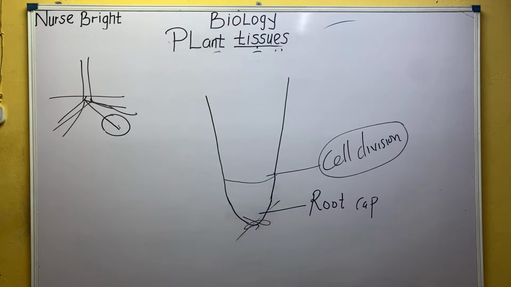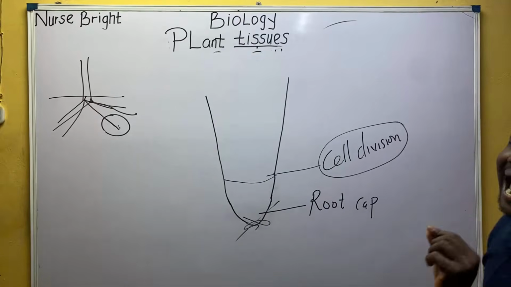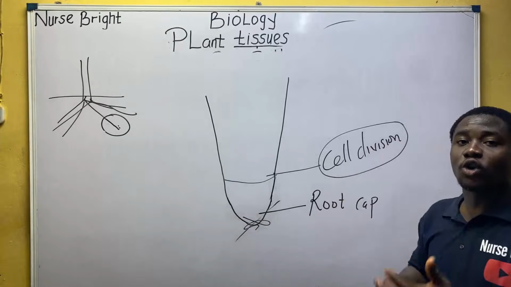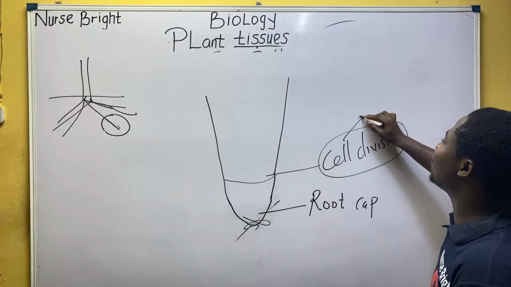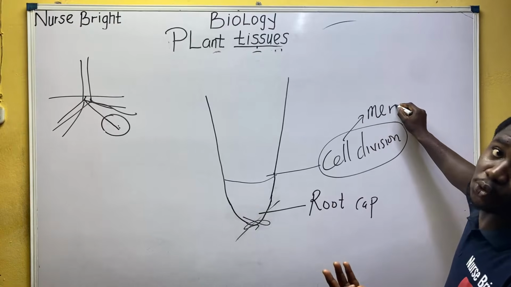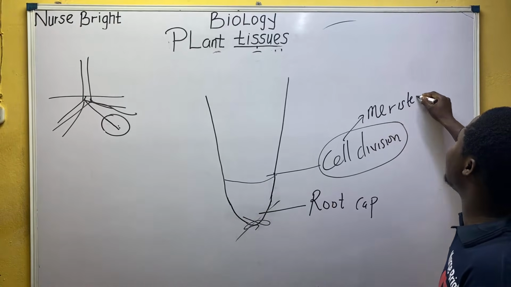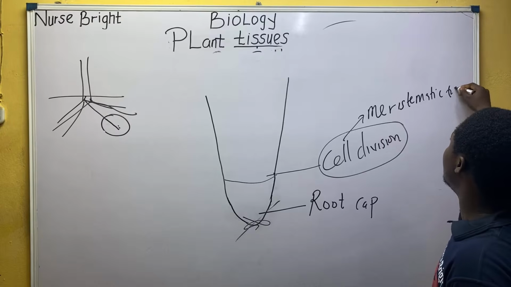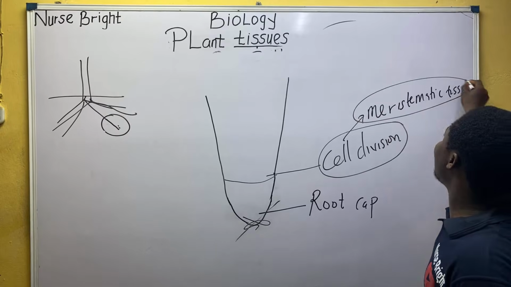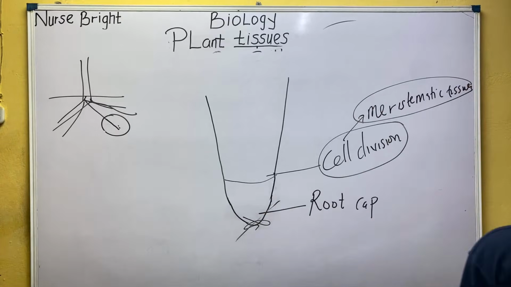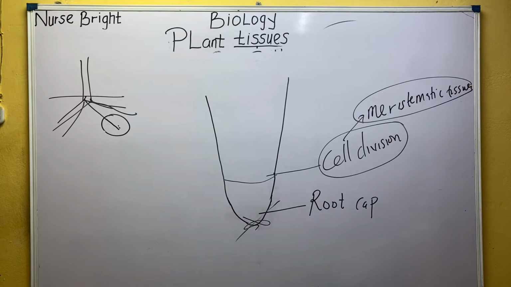I hope you know the kind of tissues that will be found there. It's simple. We have established that any part of a root or stem that divides will contain meristematic tissues. Are you there? Meristematic tissues. You can see how easy it is. After the root cap, the next is the cell division zone, which contains meristematic tissues.